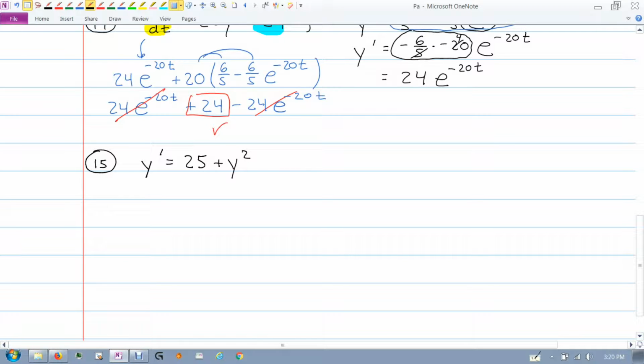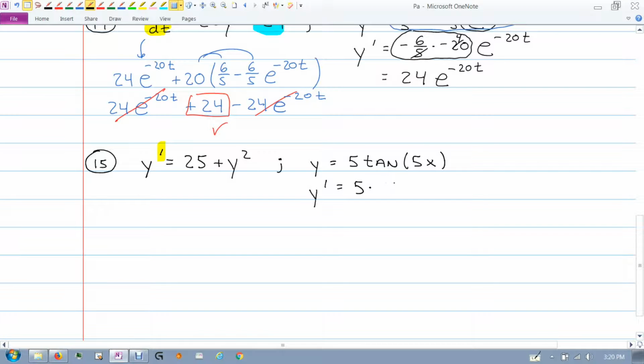All right, so here's our differential equation, and the function that we want to test here is 5 tan(5x). We are only going to need the first derivative again, so let's take it. The 5 comes along for the ride.